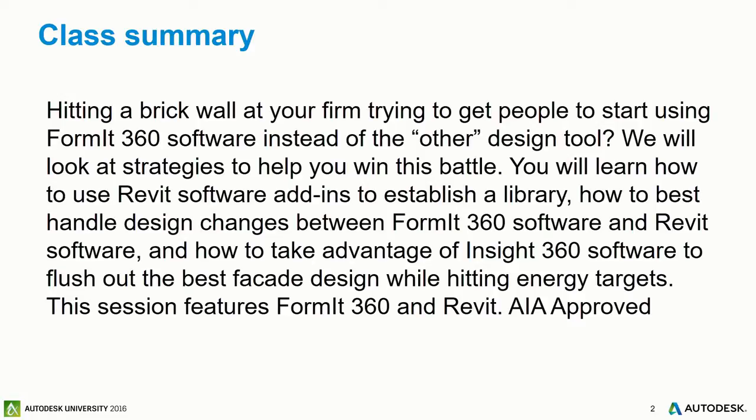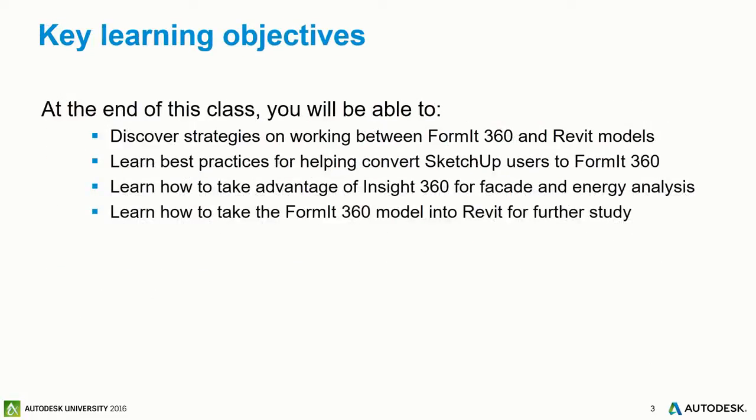So at the end of the class, I'm going to try to give you all of this information. I'm also going to throw in Insight 360. As I'm fleshing things out and giving you ideas of how to design and model things within FormIt, I also want to make sure you're taking advantage of Insight 360 and the tool set that's available there.